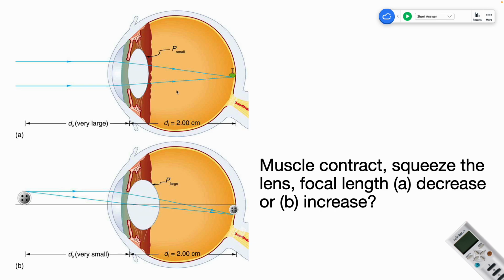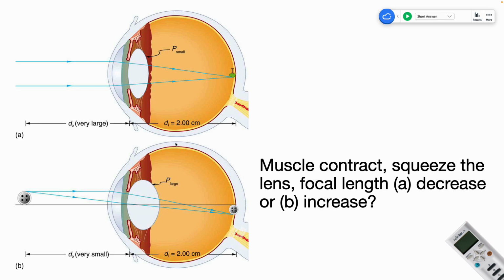But we just saw that the location of the object changes the location of the image. So if the object is closer and you still want the image to be formed at the same location on your retina, you have to adjust the focal length of the lens so that when the object is at a different distance, the image is still at the same location. This is how your eyeball should work.